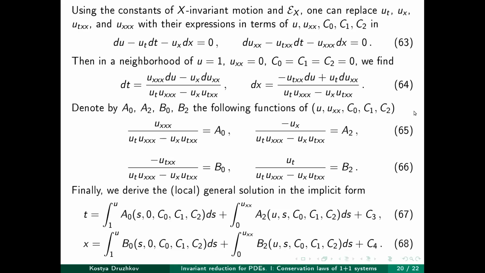The a0, a2, b0, b2 are the corresponding components of differential forms on the right-hand side of equations 64. We express them as functions of u, x, c0, c1, and c2. And finally, using Green's theorem, we derive the local general solution in its implicit form given by formulas 67 and 68. So this general solution is local, right? Because we have to choose an appropriate point and all of that in this approach.